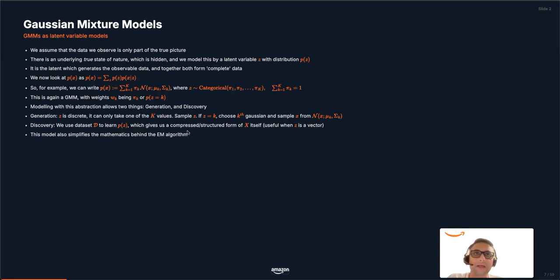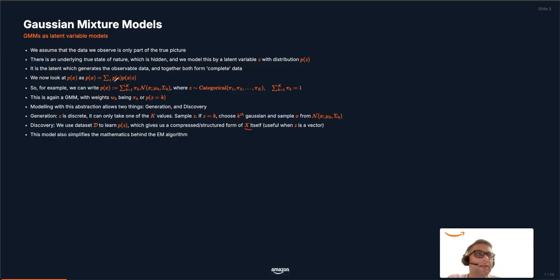This latent variable may give a structured or compressed form of X. For example, we'll talk about VAEs later. VAEs give you a latent vector, a latent Z, which is smaller in dimension compared to their input X, and we train the VAE in such a way that the Z only contains the useful information for our task or for preserving the input. So Z can represent a compressed form of X itself. This is very important.